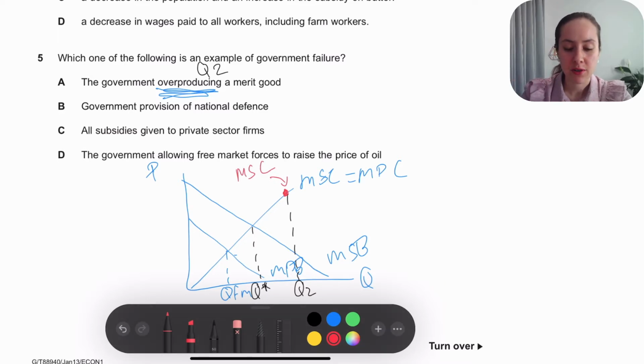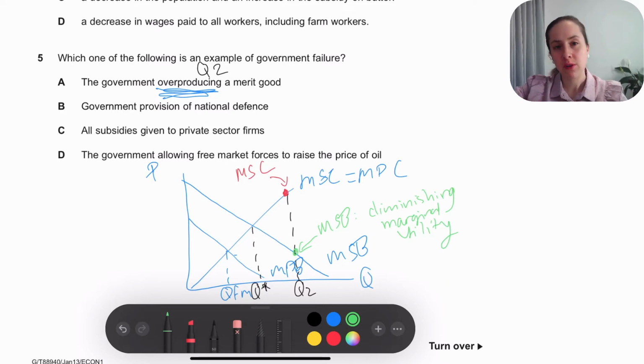That's how much it's cost society to make that Q2 unit, and this is how much it's benefited society. Remember that even though this is a really good thing, you still get diminishing marginal returns, so it won't have as much of a benefit as it had in the beginning.